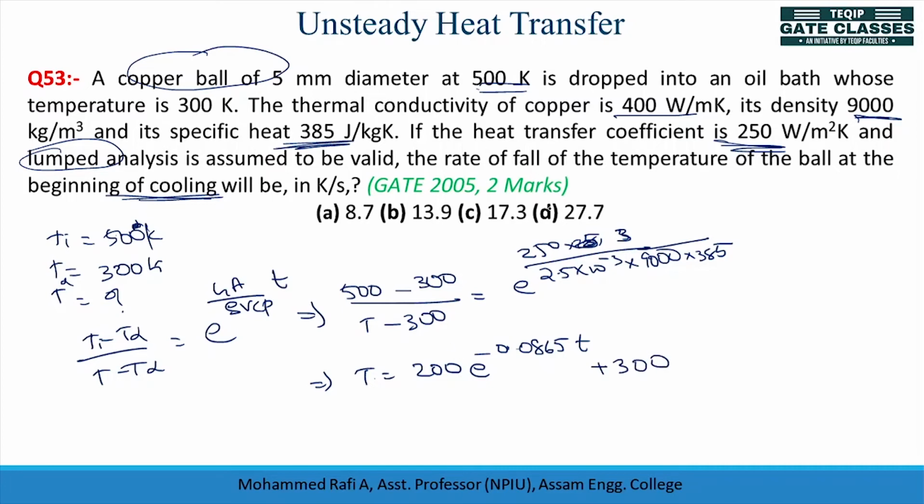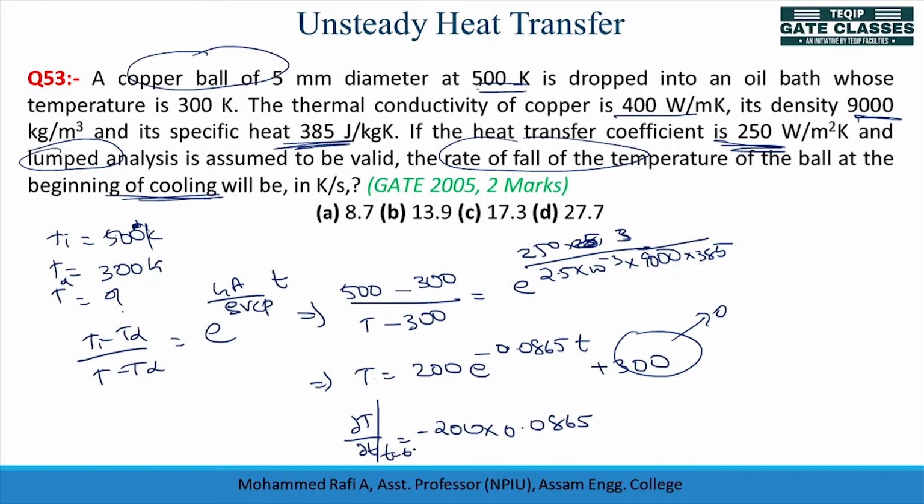The question is not asking for the temperature, it is asking about the rate of fall of temperature at the beginning, so the rate of change of temperature, dT by dt. It should be 200 into 0.0865 with a minus sign. The differential of this is e to the power of this term, and the differential of 300 becomes 0.